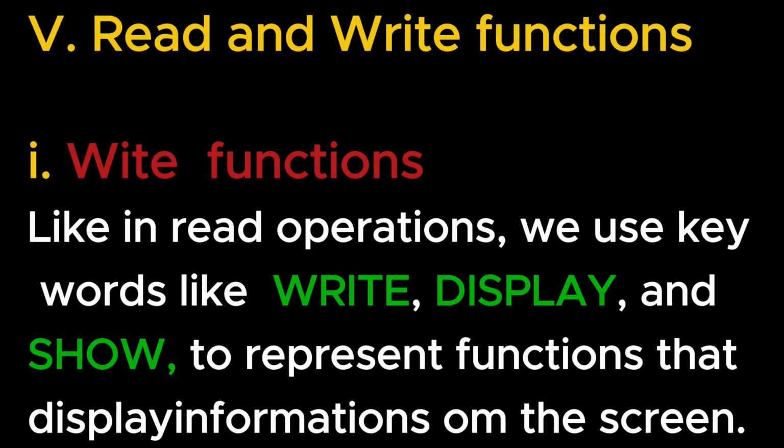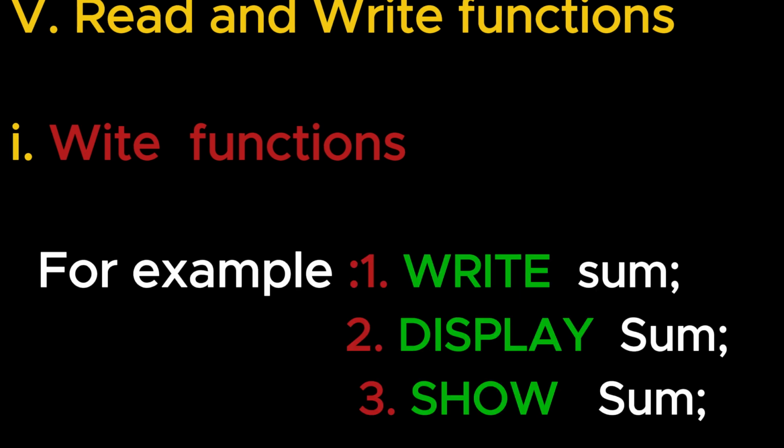Like in read operations, we use keywords like write, display, and show to represent functions that display information on the screen. For example, write sum, display sum, or show sum. All of these statements are used to display sum on the screen as an output device.